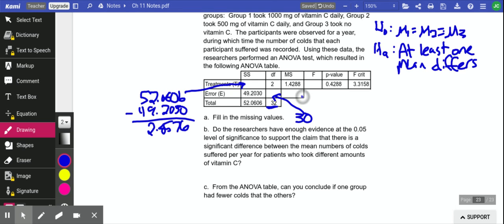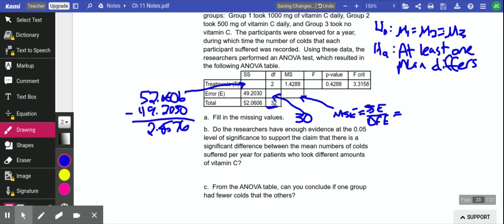All right, for this one, now there's no total column, so this is a little different. This is MSE, and remember, that's the mean squares. Now on your formula sheet or in your book, MSE is equal to SSE over DFE. That is on your yellow formula sheet.